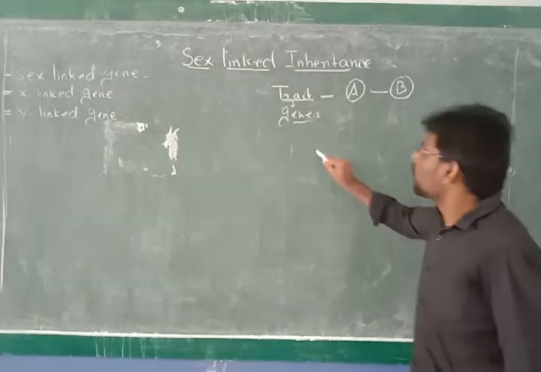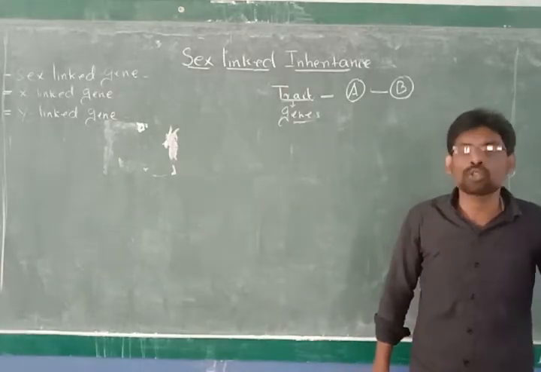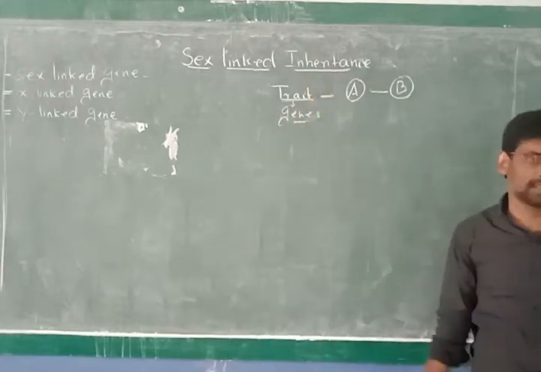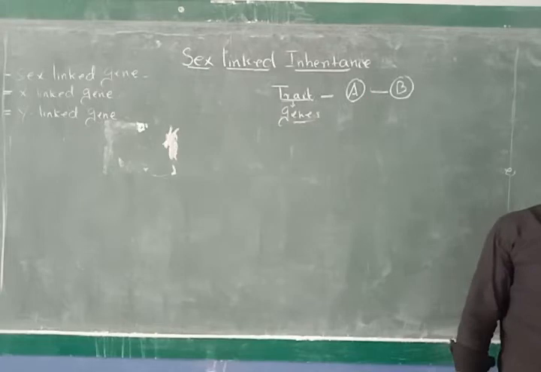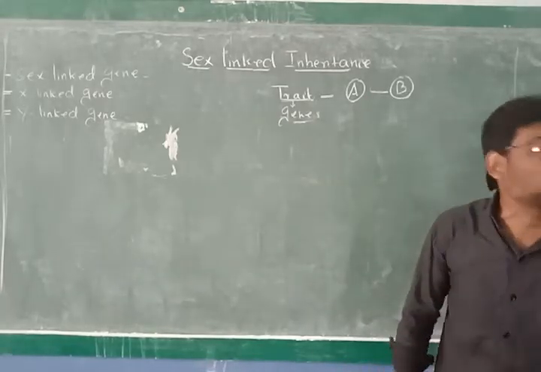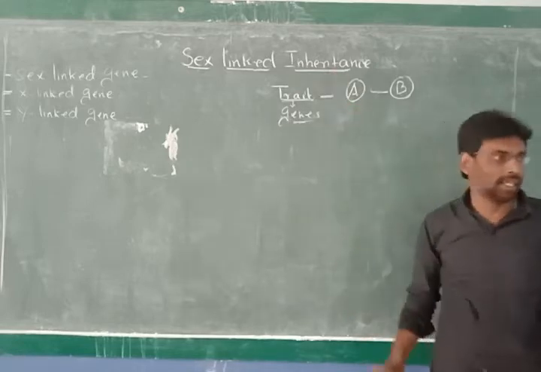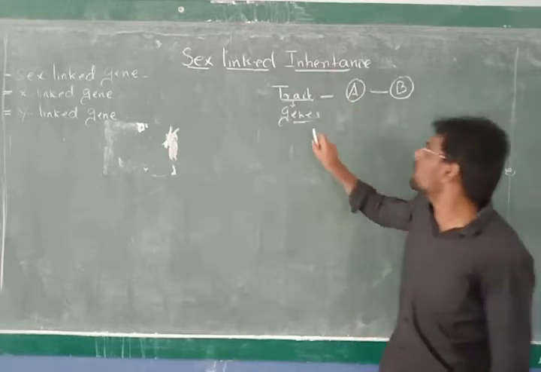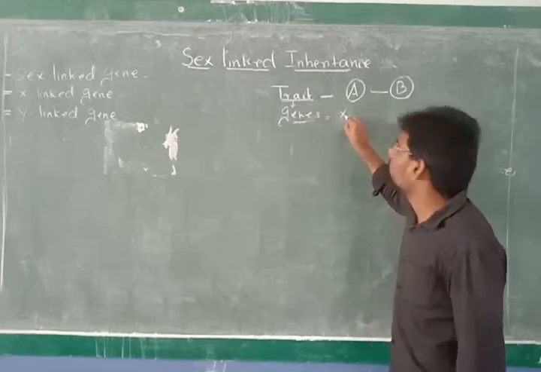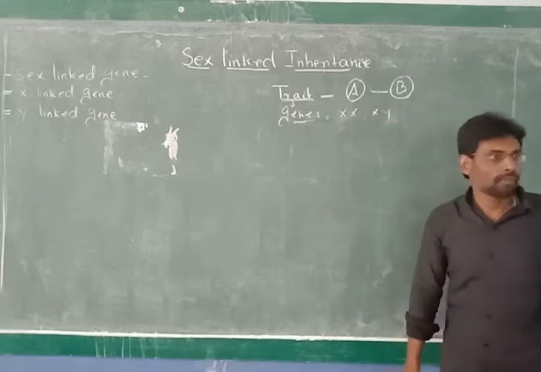Now, the genes located in the autosomes, the 44 chromosomes, are not responsible for this kind of inheritance. What do I mean by this? Only the genes present in the sex chromosomes are responsible for this inheritance. Where are these genes located? Inside the sex chromosomes, that is XX or XY.